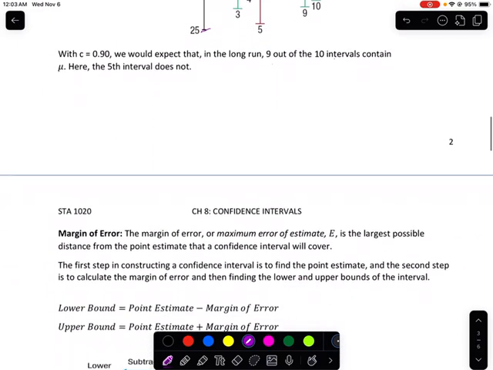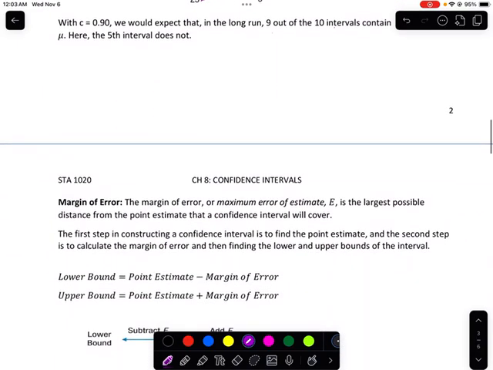Okay, the next thing that we will need to construct the confidence interval is the margin of error. So what is the margin of error? It is also called the maximum error of the estimate, and we denote it by uppercase E. This is the largest possible distance from the point estimate that a confidence interval will cover.